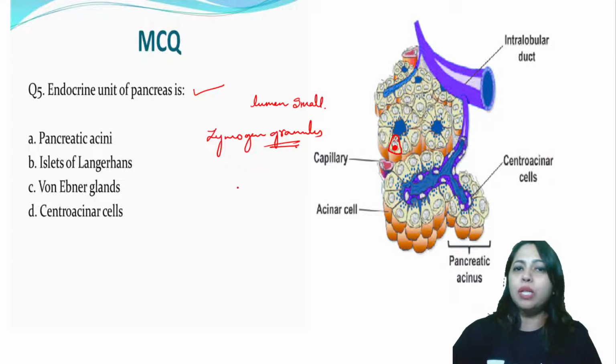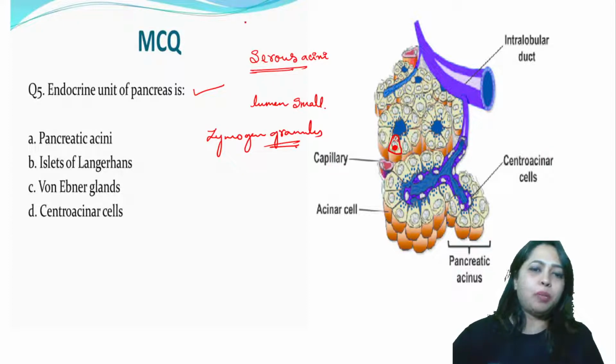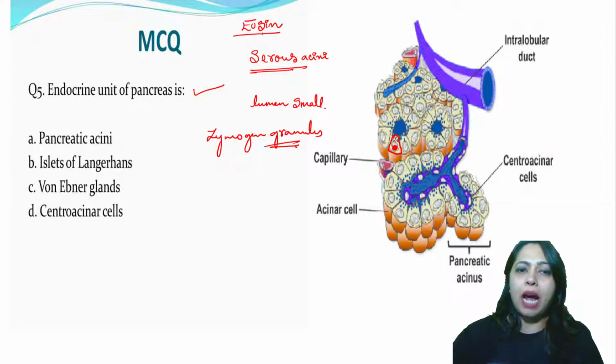In mucus glands, the nuclei are flat and near the base of the cell. So these are purely serous acini. Serous acini take up a lot of eosin staining, so they look more pink, and adding to this pink are the zymogen granules.